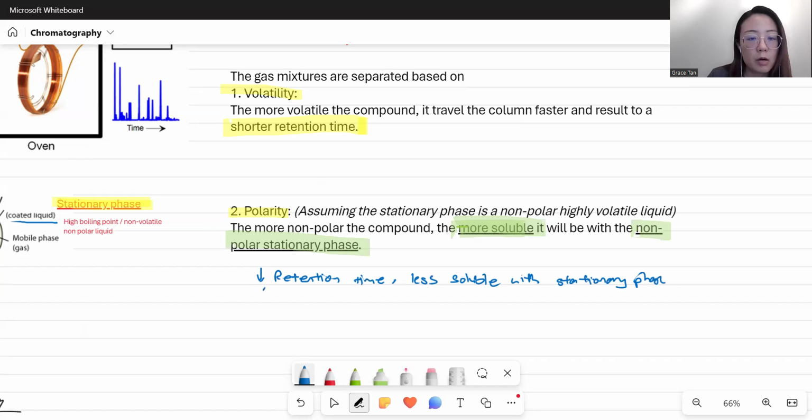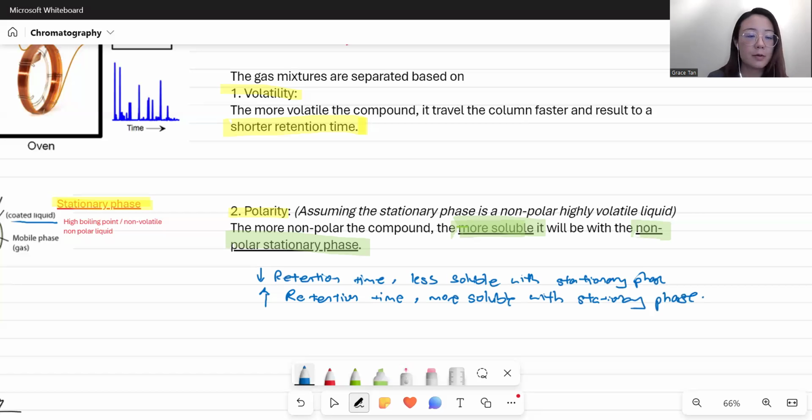If you took a long or you reported a high retention time, that means the time taken between injection and detection is very long. It means that you were stuck in a column for a very long time. The reason why you're stuck is because you are more soluble with the stationary phase. Clear? Okay, so that is how you're going to answer in your exam.